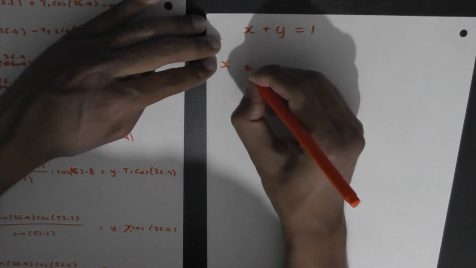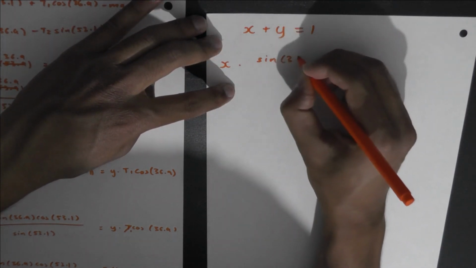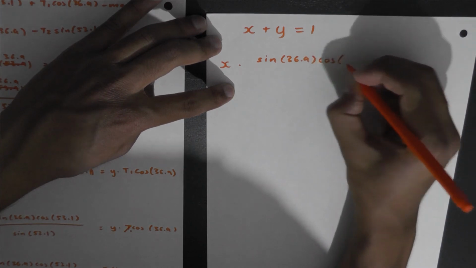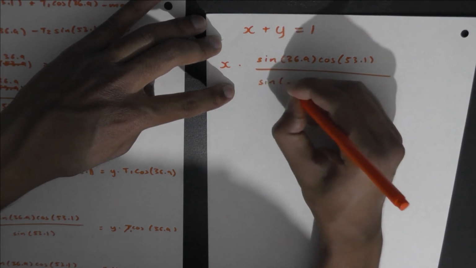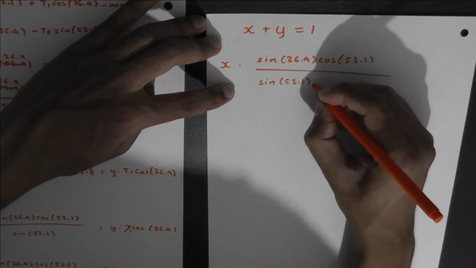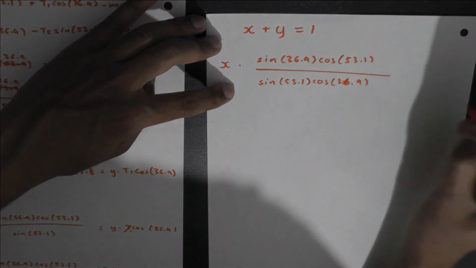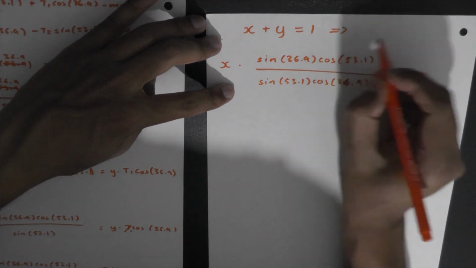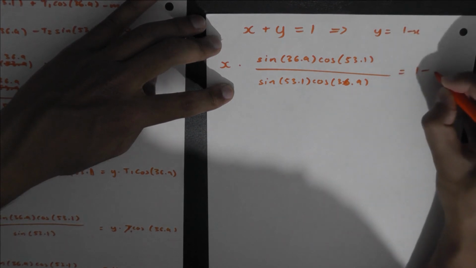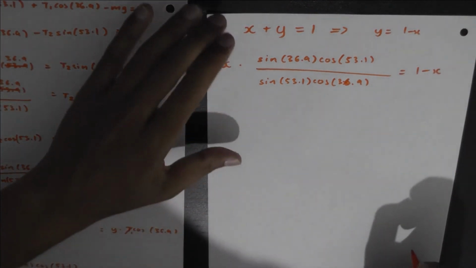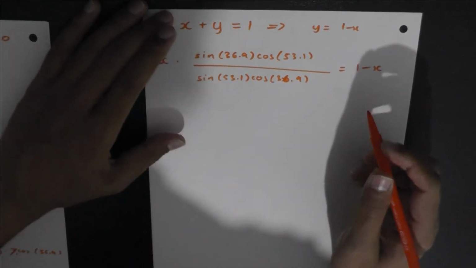So x times sine 36.9 cos 53.1 divided by sine 53.1 cos 36.9. So this equation implies that y equals 1 minus x. So this equals 1 minus x. So now it's just plain solving equations. It's very easy, straight up.